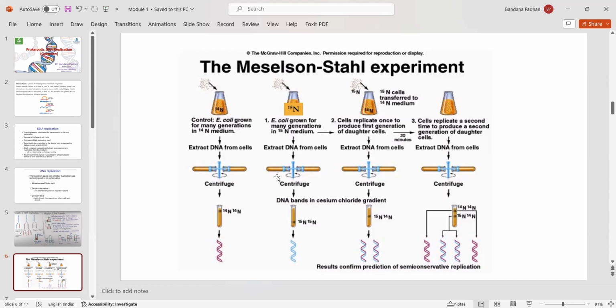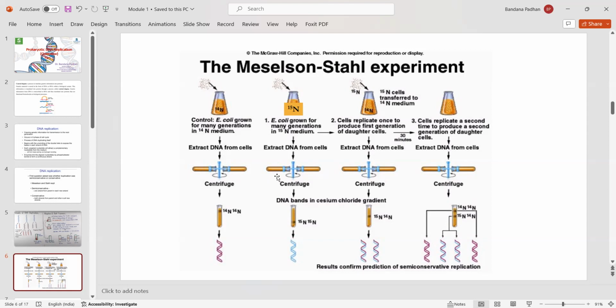They predict that this band may contain N15 and N14 nitrogen with the DNA. So this is the second generation where they found a medium or intermediate band.